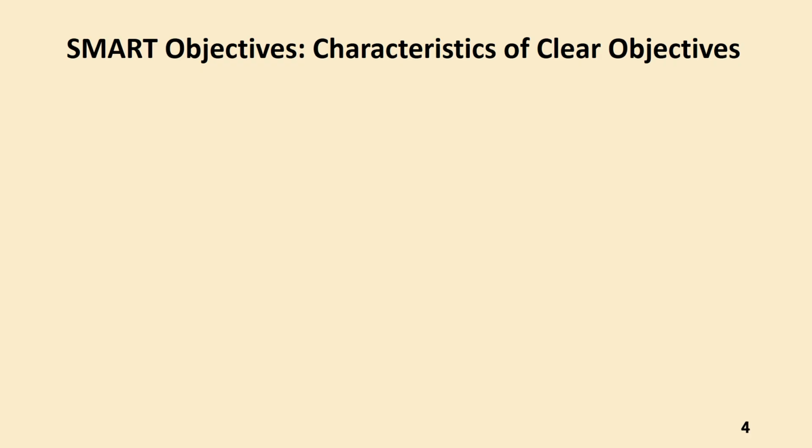Now, this is important, that what is a SMART objective? What are the characteristics of clear objective? So let us see here. Here, the first thing that I want to say here, that SMART does not mean the literal dictionary meaning.